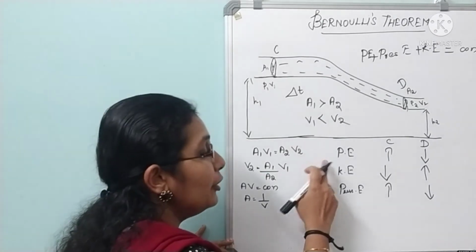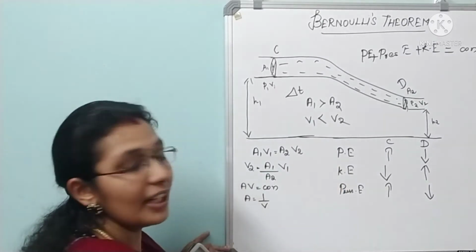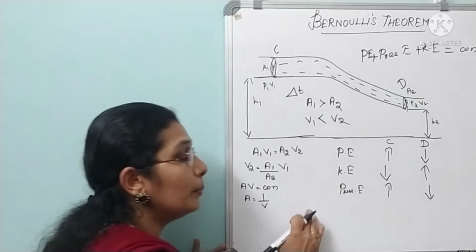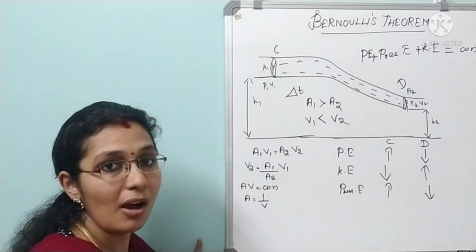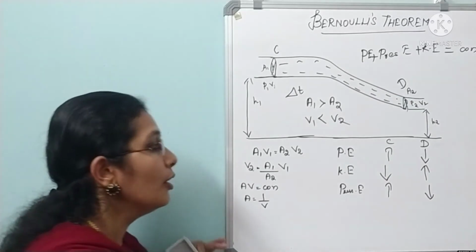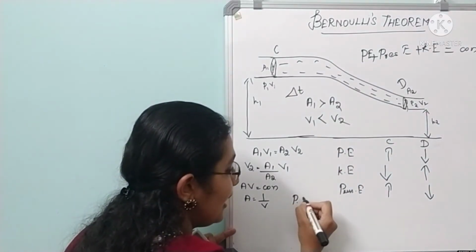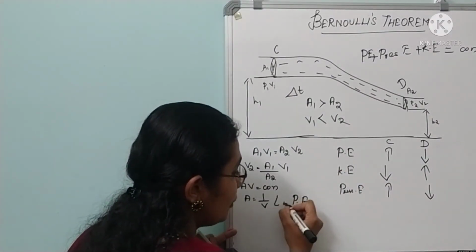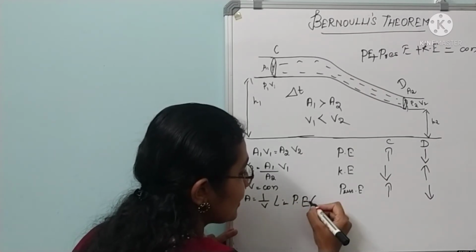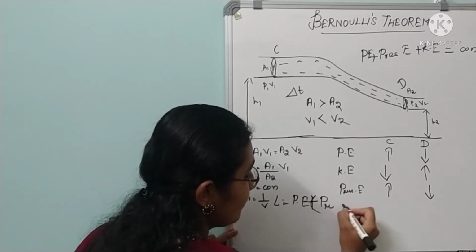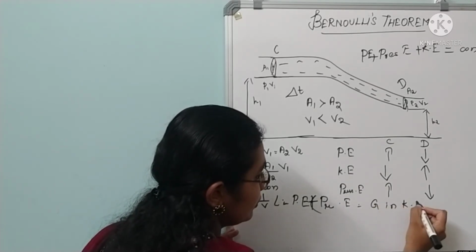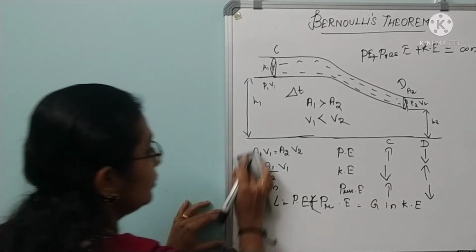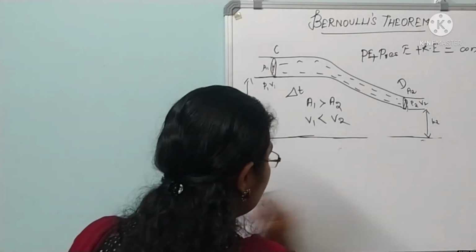So when you add the loss in potential energy and pressure energy, it should be equal to the gain in kinetic energy, right? Because that is what the law of conservation of energy is. So how can you write it? Loss in potential energy plus loss in pressure energy is equal to gain in kinetic energy, right? Now just listen.